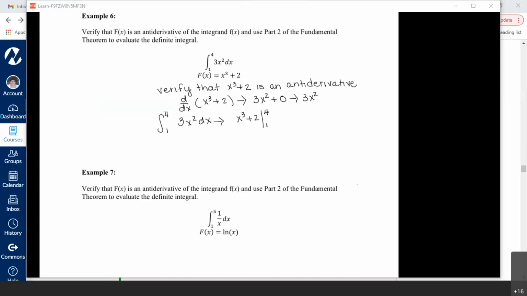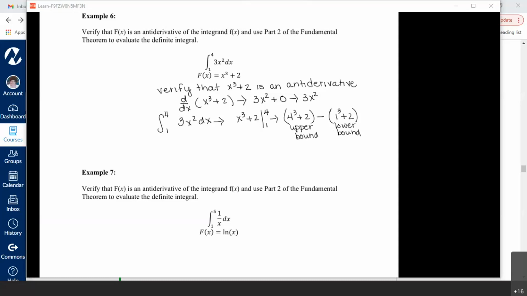Basically, now that I have the antiderivative, all I need to do is evaluate it at 4. So this is going to be 4 cubed plus 2, the upper bound, minus 1 cubed plus 2, the lower bound.